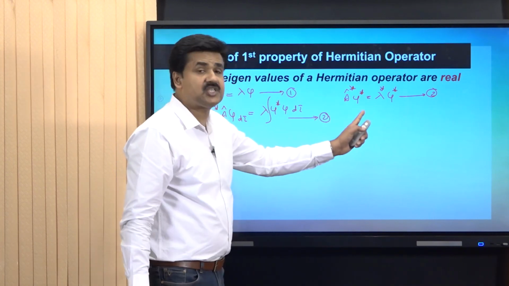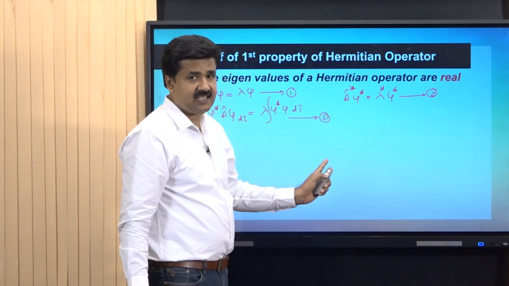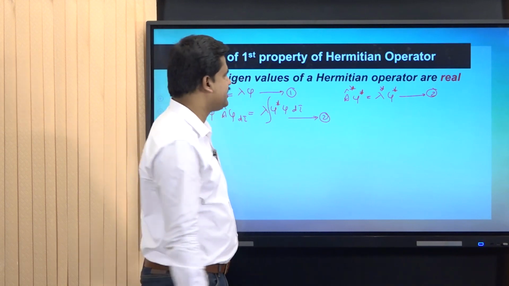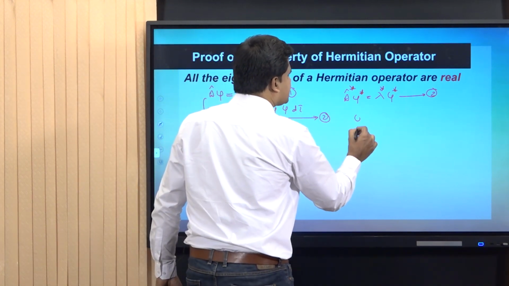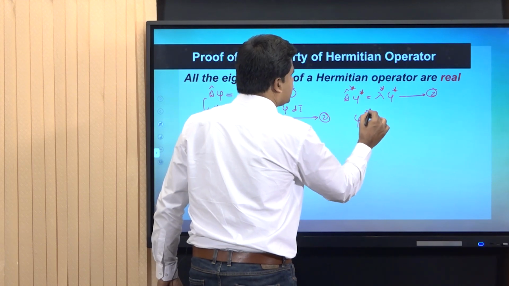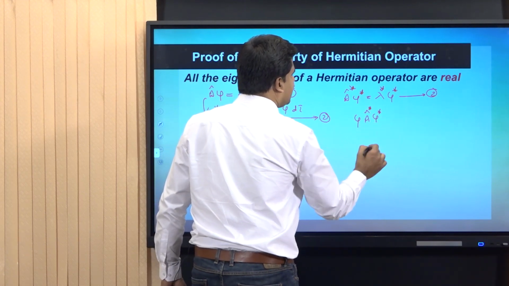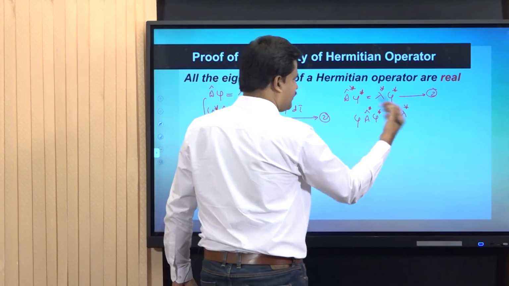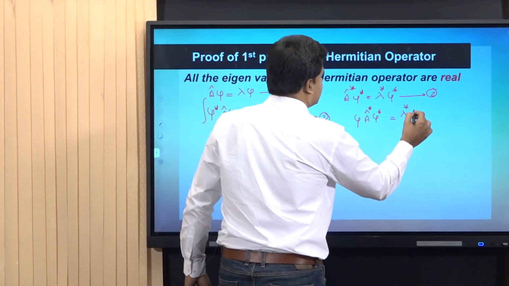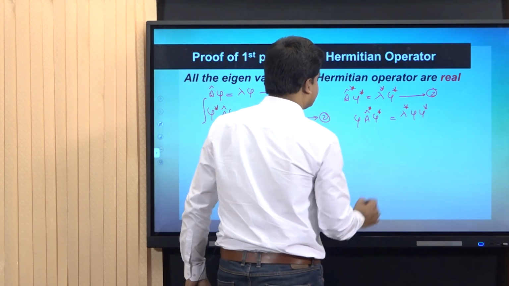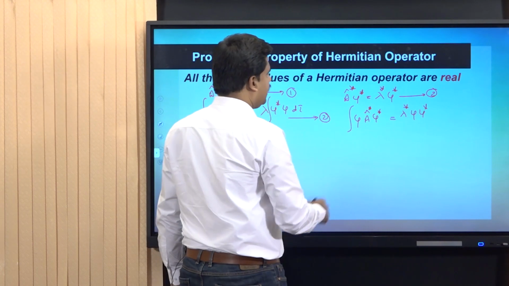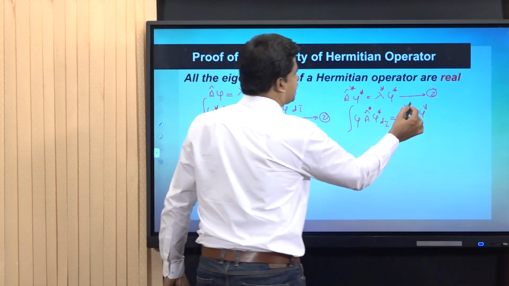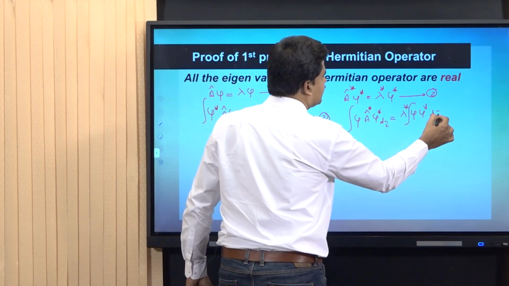Now left multiplying with psi and integrating over space, I got psi A hat star psi star equal to lambda star, which can be taken in front, times psi star, and perform integration, integral over space, with d tau.